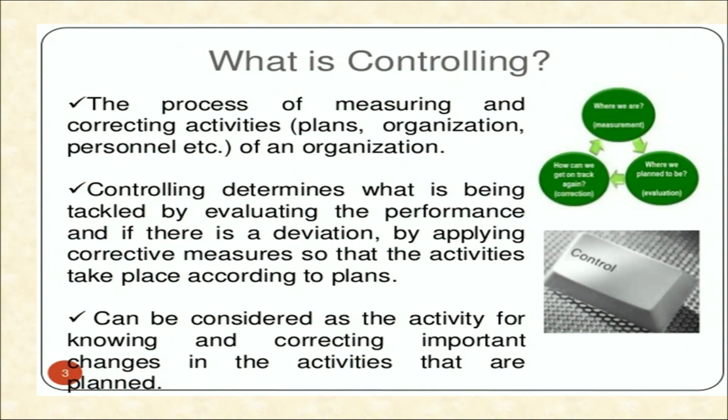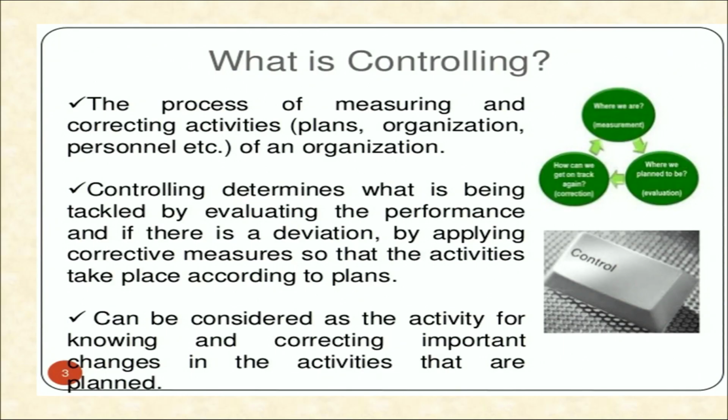Then it determines what is being tackled by evaluating the performance, and in case there is a deviation or variation, it identifies where things have not been in accordance with the laid down plans. And then finally we take the corrective action. That means after identifying the variations or deviations, we choose the right path which enables us to perform the actual task in the most appropriate manner.